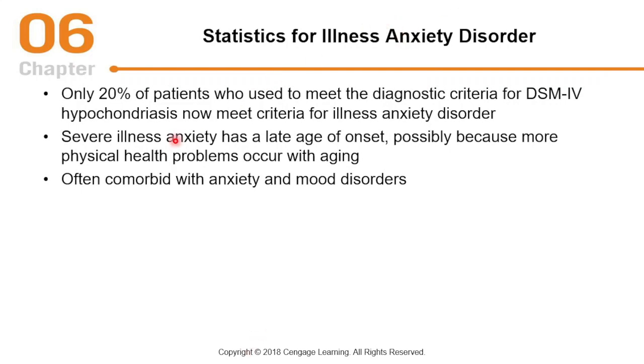So about 20% of patients who used to meet the diagnostic criteria for DSM-4 hypochondriasis now meet the criteria for illness anxiety disorder. So, ano ibig sabihin nun? Ibig sabihin nun, hindi lahat ng may hypochondriasis na diniagnose dati has illness anxiety disorder. Usually, it happens on the late age onset, or it happens with the latter stage of life, but that's the severe type of illness anxiety.